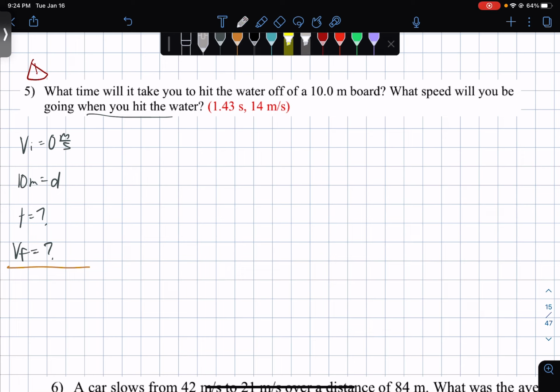I'm not sure if the board is supposed to be like the platform where you jump all the way down, or maybe it's the height of where you're jumping from. What speed will you be going when you hit the water?